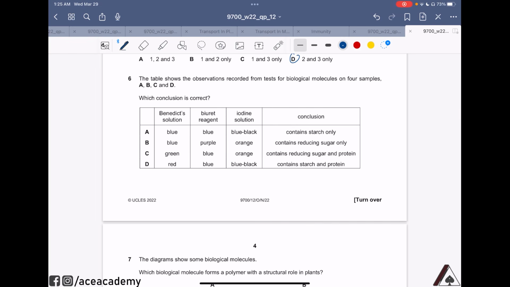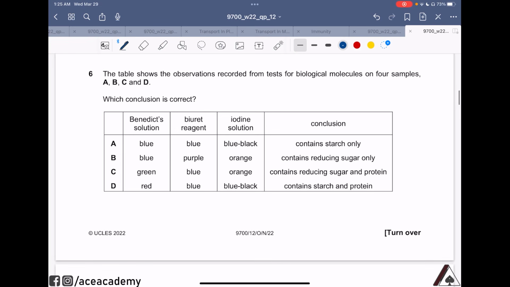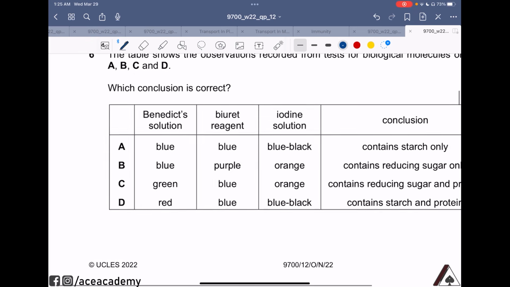Number 6. The table shows the observations recorded from tests for biological molecules on 4 samples A, B, C, D. Benedict's solution: blue. Its initial color was blue as well, so no reducing sugar. So options A and B both have no reducing sugar since their color remains blue.